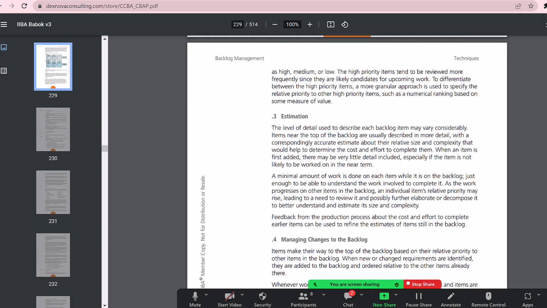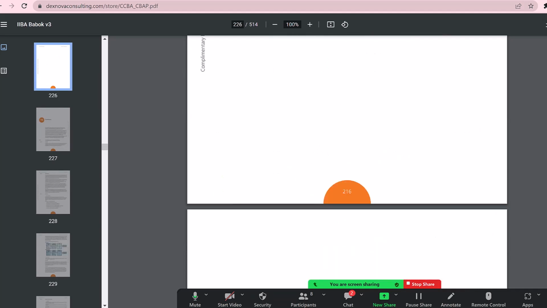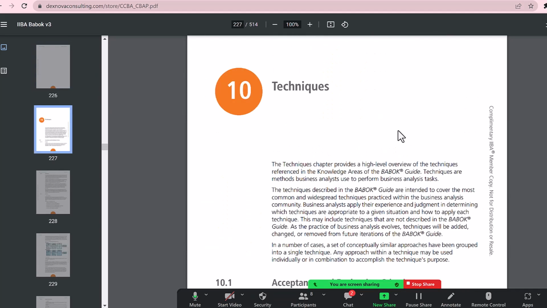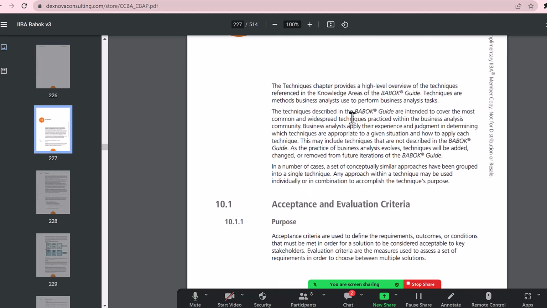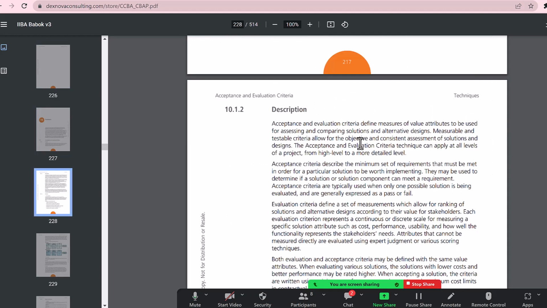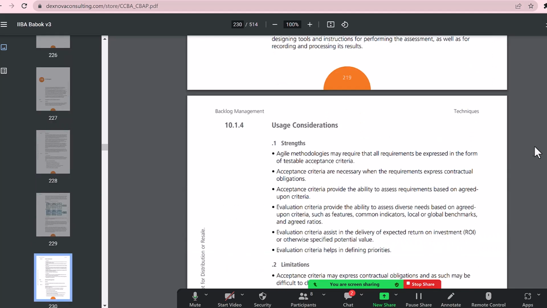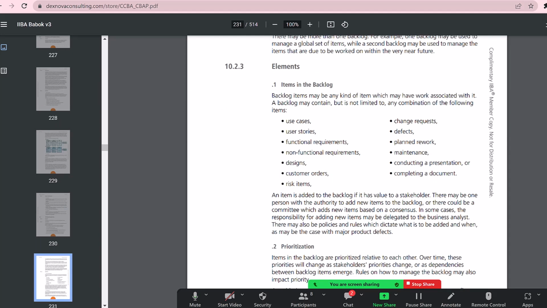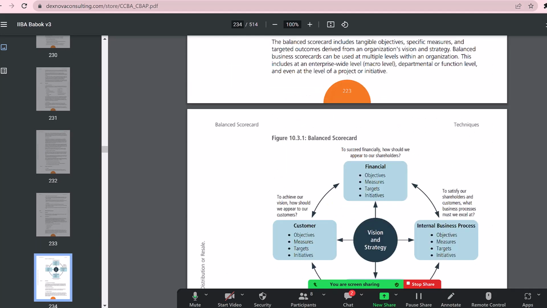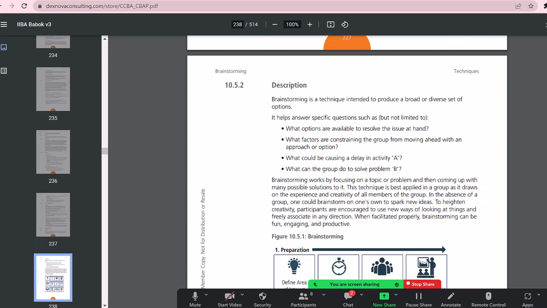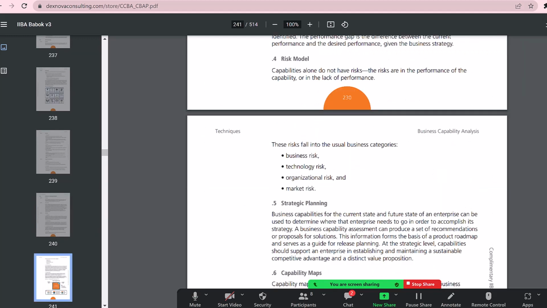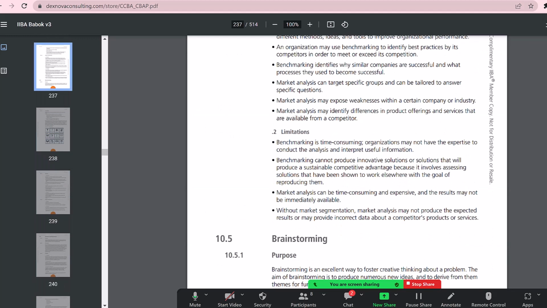According to Babcock, you have 50 different techniques to gather requirements. Starting with acceptance criteria, the first 5 techniques are in my YouTube channel, you can always go and check. Brainstorming, I know you guys know about.